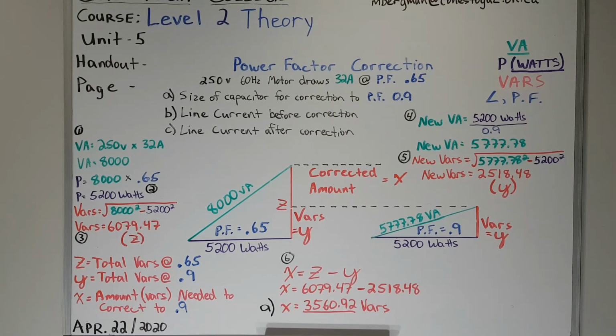What size of capacitor in VARs do I need to install in this circuit to get my power factor to 0.9? So I want to undo some of the inductive portion of this circuit by adding a capacitor.